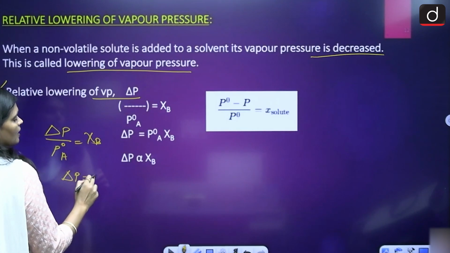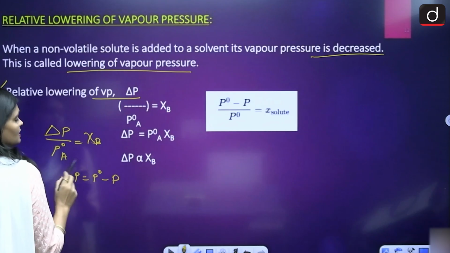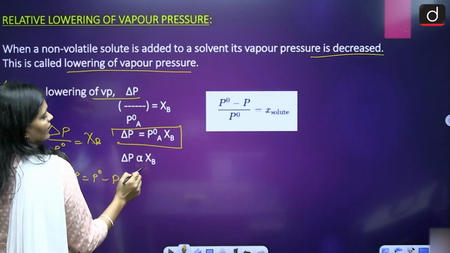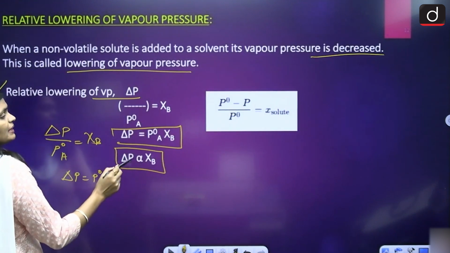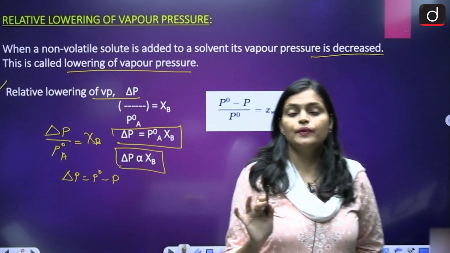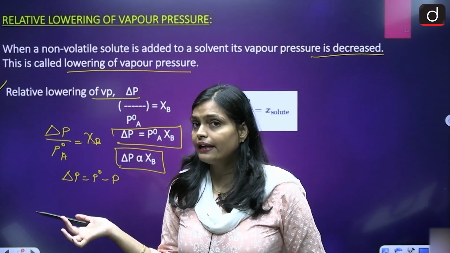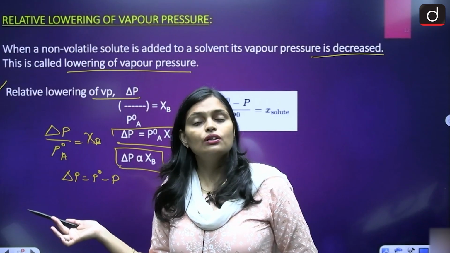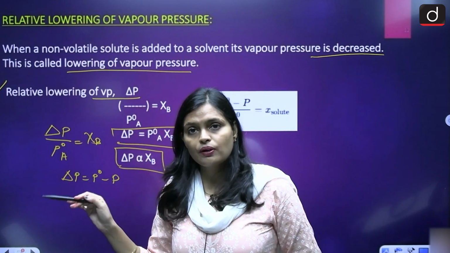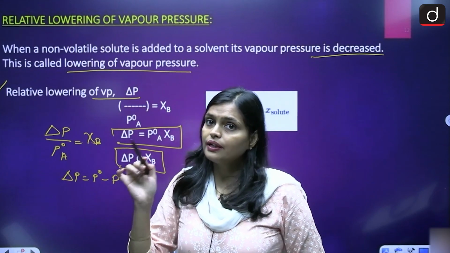We know that delta P is P naught minus P. So from here you can say that delta P is directly proportional to the mole fraction of only component B, because component A is non-volatile, so you only get a vapor pressure due to component B. So the vapor pressure of the solution is directly proportional to the mole fraction of component B.